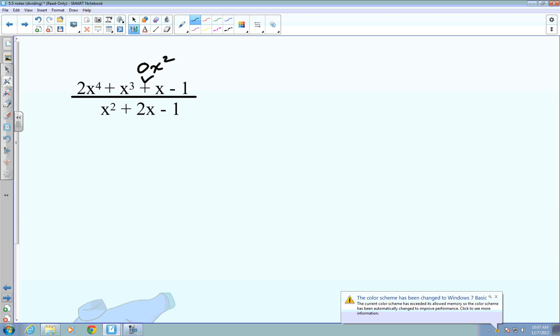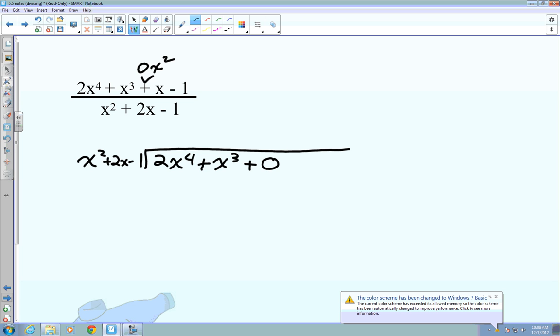So, let's write it in our long division form. You've got the divisor, x squared plus 2x minus 1. I have the dividend, so I have 2x to the 4th plus x to the 3rd plus 0x squared plus x minus 1.